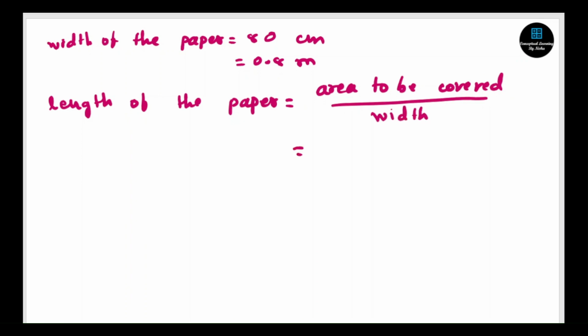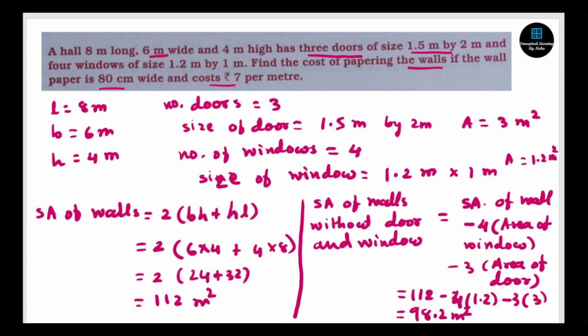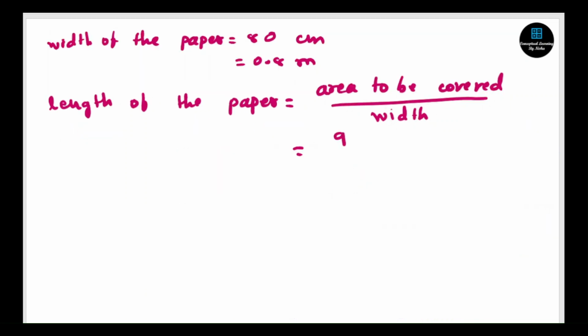So area to be covered, we already found that 98.2. So 98.2 upon 0.8. And now when you divide this, you'll get 122.75 meter is the length of the paper required.